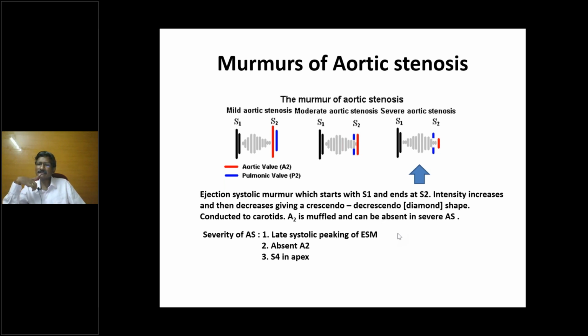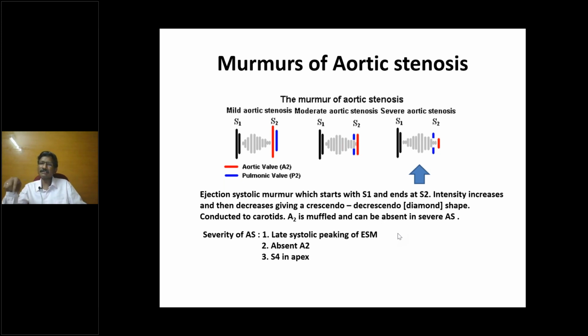Why does it have a crescendo decrescendo? See, crescendo decrescendo is because it is an ejection from the left ventricle. Okay, left ventricle keeps on contracting. So the pressure in the left ventricle increases. The peak is the point where the valve opens a little bit. So then the blood flows freely and therefore the decrescendo.